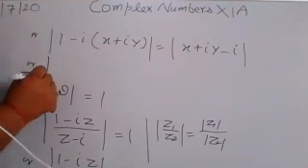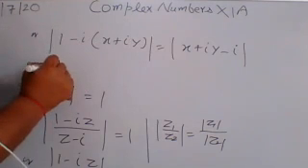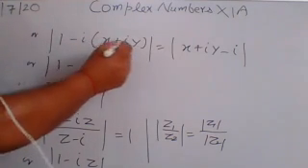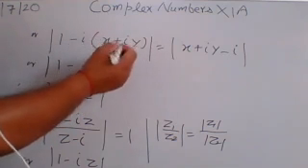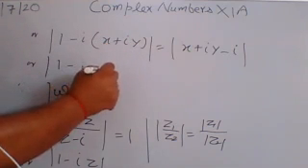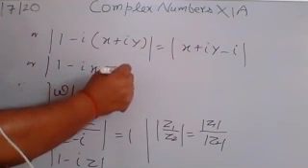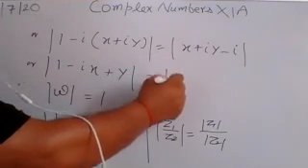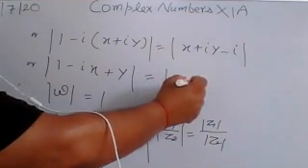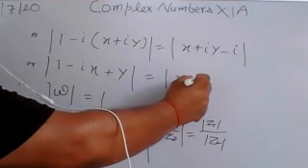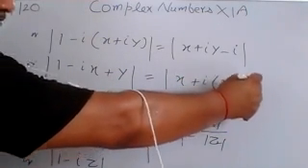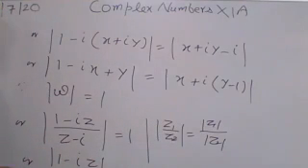So that is written as mod of, here you write 1 minus ix, and here you have minus i square y. So minus i square is what? Plus. So you have 1 plus y, and that is equal to mod of x plus i times (y minus 1). You have y minus 1 in this way.